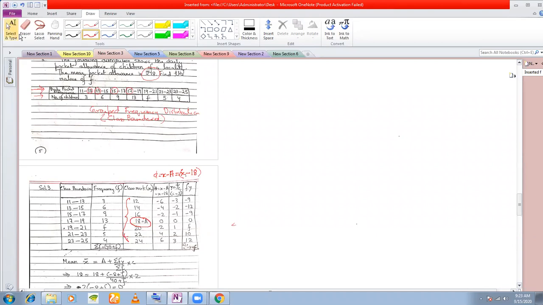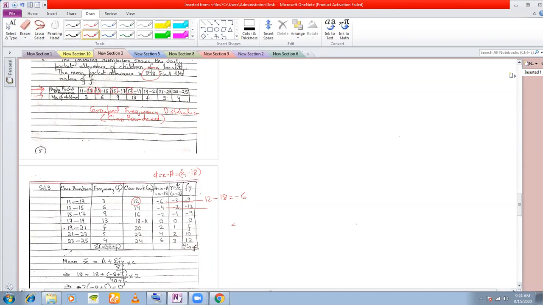For the first row, my x is 12. So how am I getting this deviation, minus 6? X, which is 12, minus the assumed mean 18, so 12 minus 18 will give you minus 6. For the next one, how are we getting d is equal to minus 4?